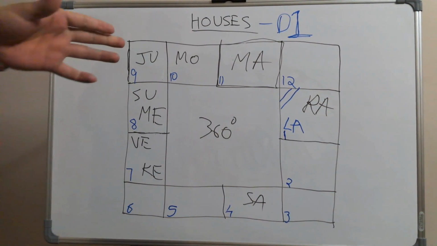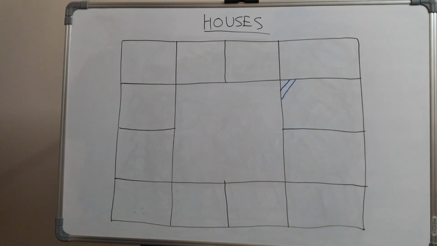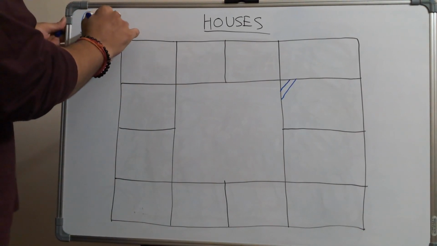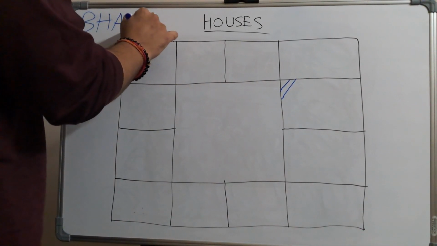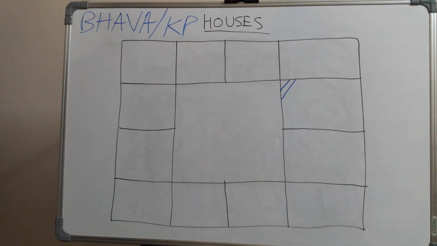Now I'll just erase this and make a new chart to explain the BHAVA CHALIT chart or BHAVA chart or KP chart.